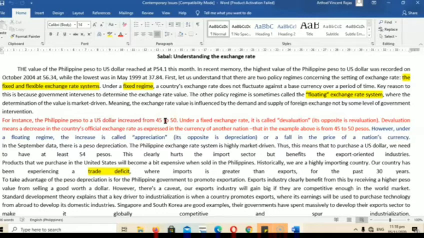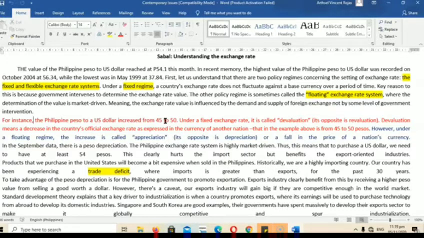What do we mean by this? 50 over 1, where 50 refers to pesos and 1 refers to US dollar. That is devaluation, and the opposite of it is revaluation. What if from 50 it goes down to 40? That means revaluation, because it is now 40 to 1.